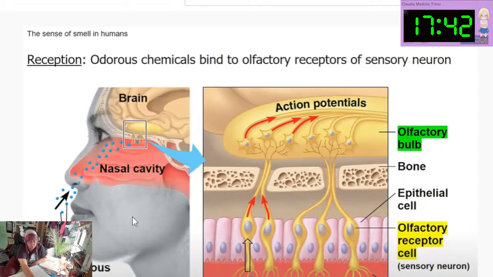Once an odor molecule binds to a receptor, a depolarizing receptor potential occurs, such that an action potential is fired. So here we're not seeing a neurotransmitter release, we're actually seeing an action potential fired. The action potential travels down the axon to the olfactory bulb of the brain, and synapses.